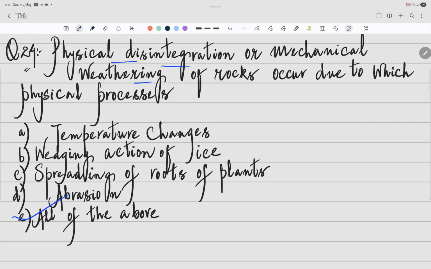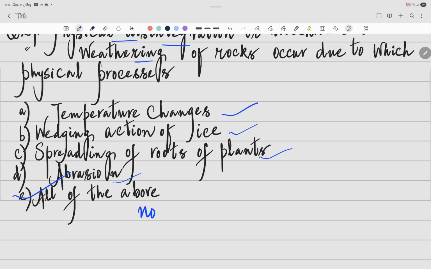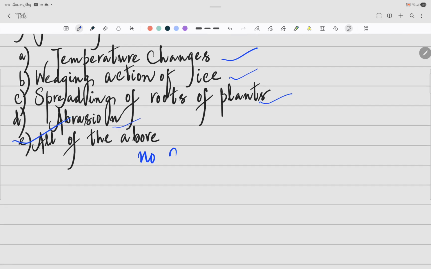All right. So the physical disintegration or mechanical weathering of rocks occur due to temperature changes, due to wedging action of ice, due to spreading of roots of plants, due to abrasion. But we must know that in all the processes of physical disintegration, there is no change in the chemical composition.